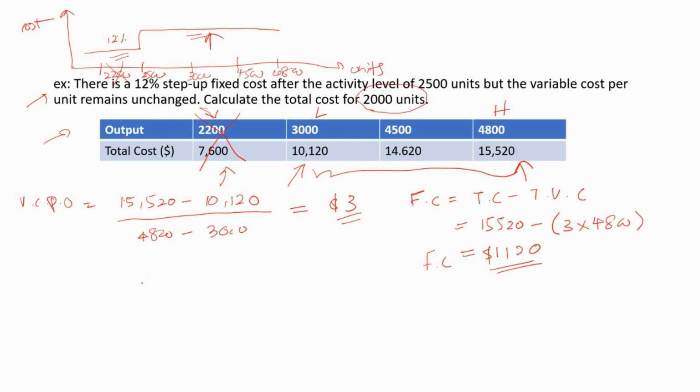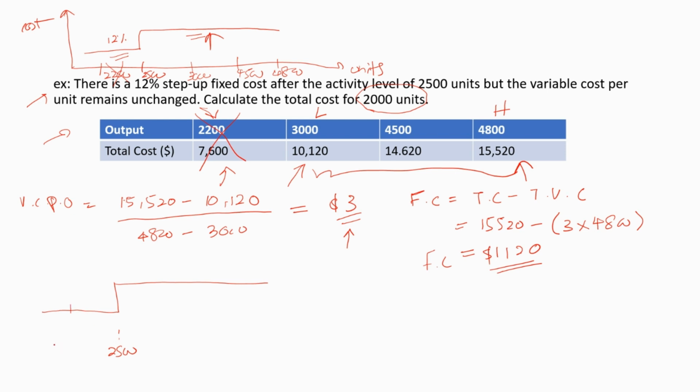Now we know the variable cost per unit remains unchanged, which means this $3 is not changing. But we know there is a 12% step up in fixed cost after the activity level of 2,500. Let's draw this graph again. This is the 2,500 activity level.